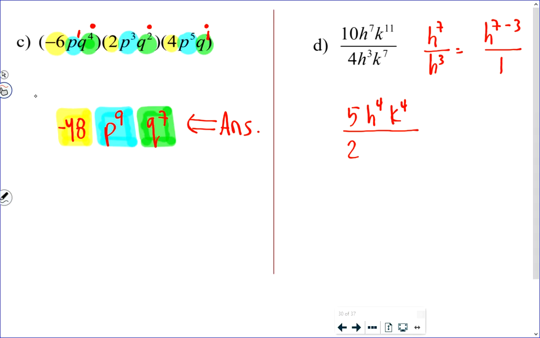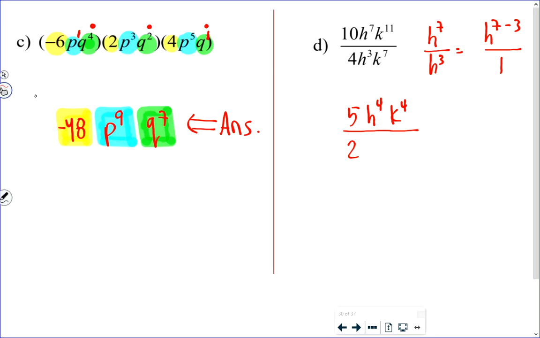And I feel strange bringing this up because many of you will be looking at your work here and going, well, where else would you write it? Well, later on, we're going to have situations that will make you second guess where you should write things. So I'm just pointing out that when you subtract the exponents to get a new exponent, that new exponent is the exponent on the power when it's written in the top.